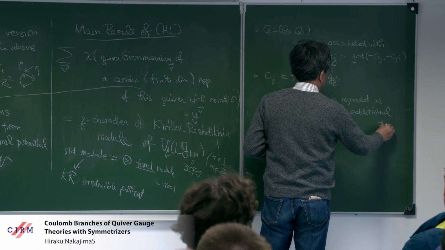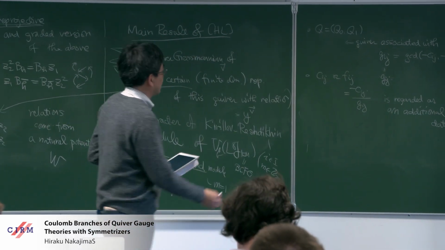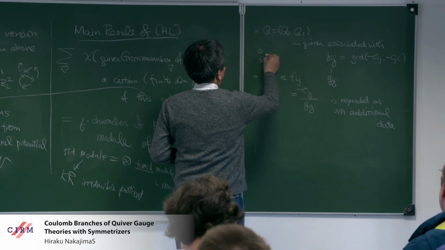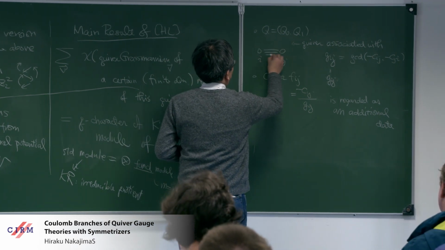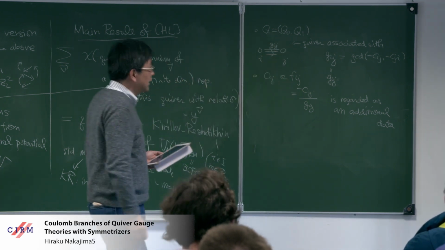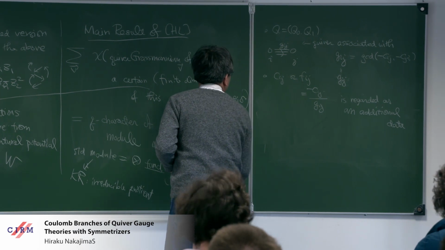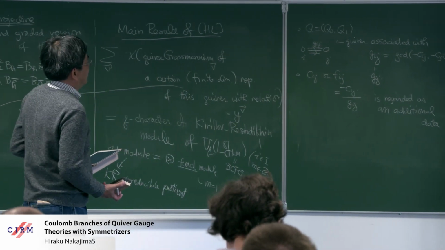When you say quiver associated with G_ij, do you mean that this is just the number of edges between two vertices? Maybe. And I take some orientation. Same for all of them, is it correct? Yeah, same.